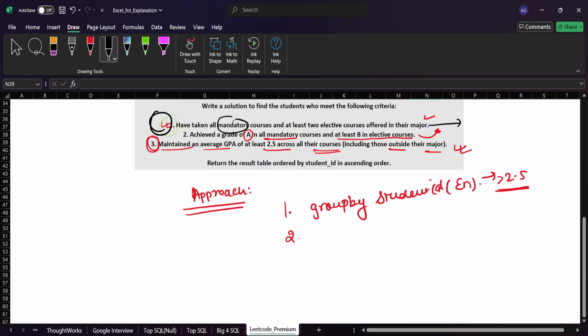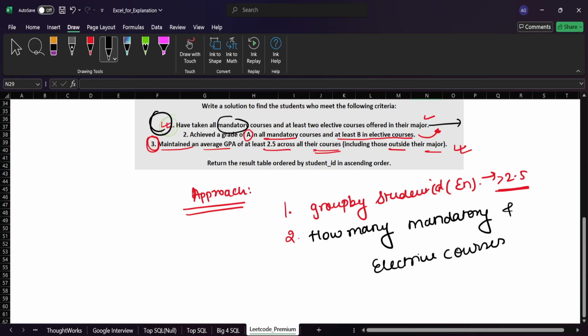If we pull out how many mandatory and elective courses there are for each student, then we can easily filter out whether that particular student has taken all the mandatory courses or not.